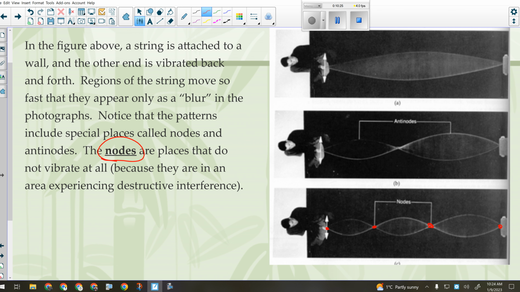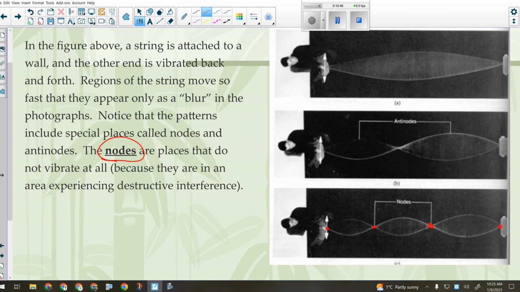They are areas where destructive interference is occurring and there's no displacement. Everybody all right with that?